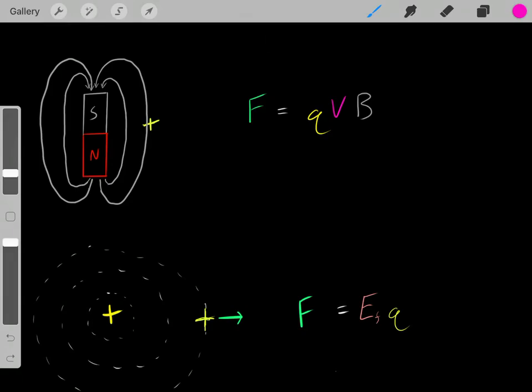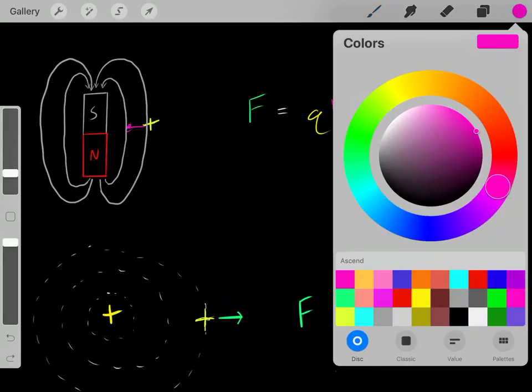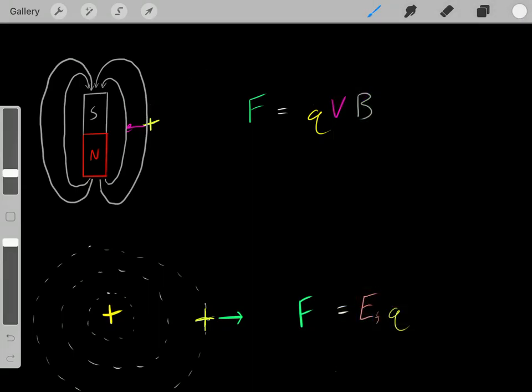Let's say it's moving with a velocity in this direction of 1 meter per second. And let's say the strength of the magnetic field at this particular location is 1 Tesla, and Tesla is the unit of magnetic fields. So again, we said we had a 1 coulomb charge moving at a velocity of 1 meter per second, in a magnetic field of 1 Tesla.